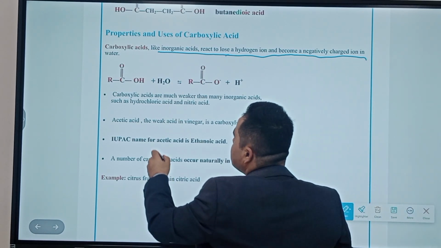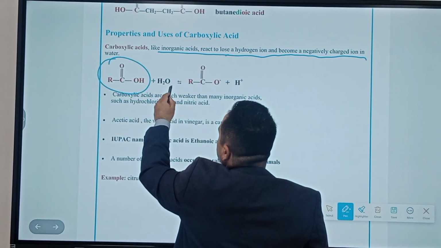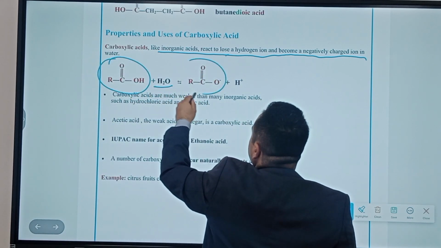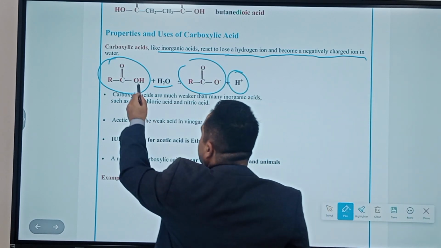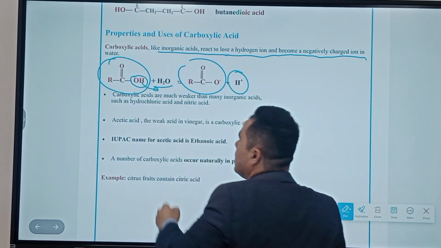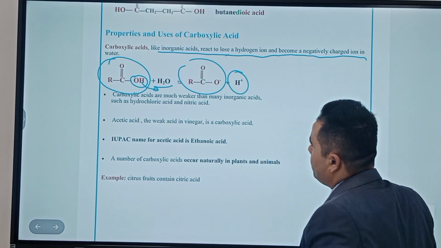As you can see here, methanoic acid reacts with H2O; the OH donates a proton to the medium.